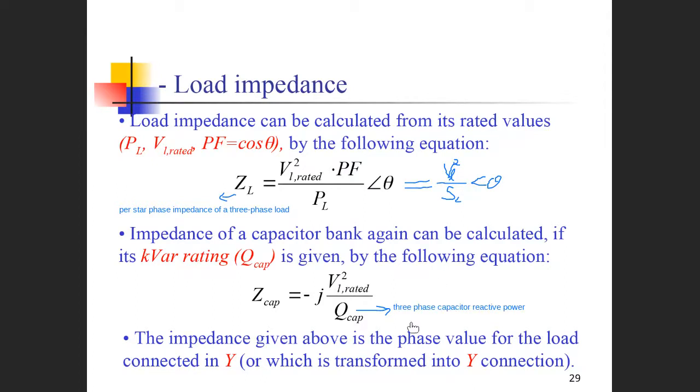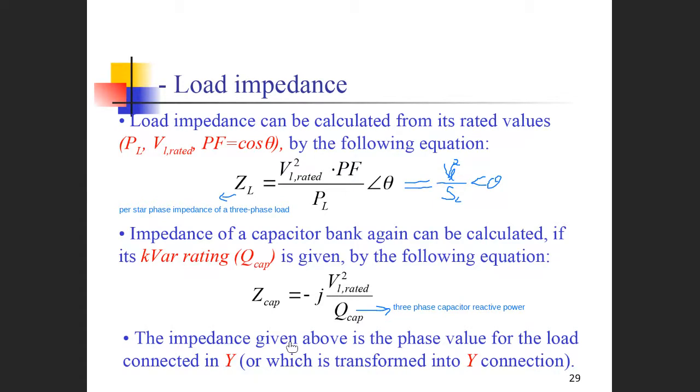Because the capacitor gives reactive power, this is the rated reactive power, and this is the rated line voltage. The impedance angle, of course, you know, is minus 90 degrees, making the current lead the voltage by 90 degrees.